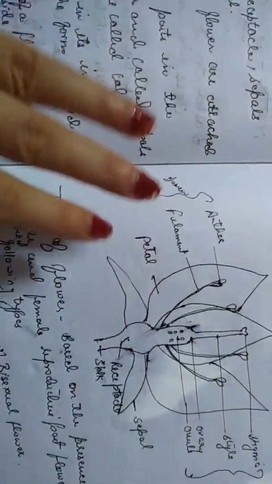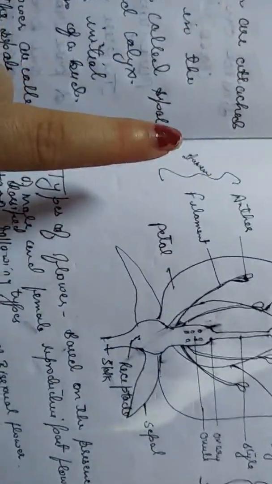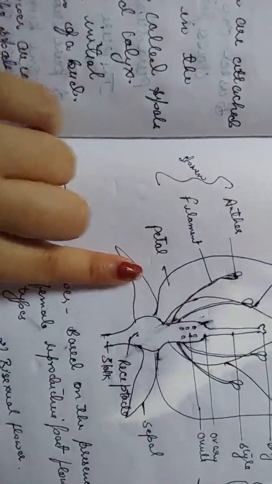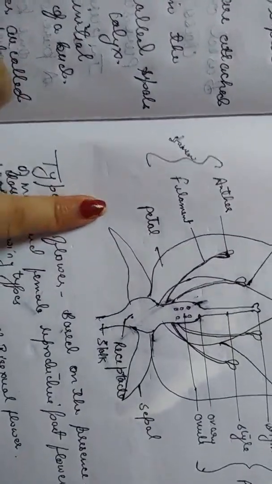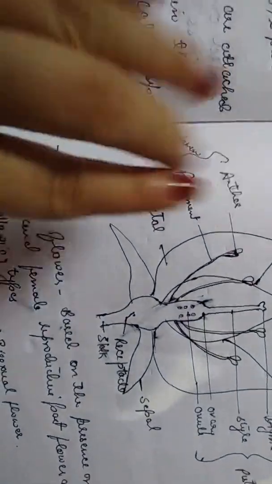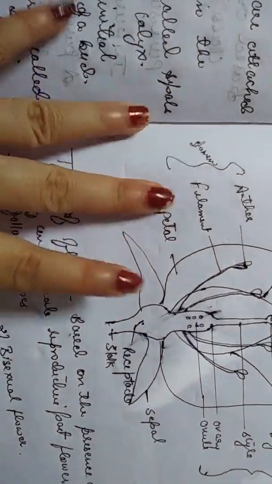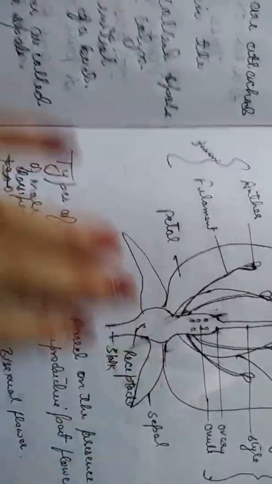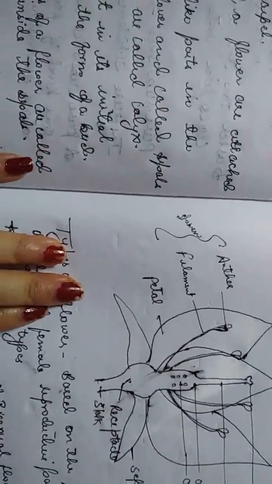Now the flower which contains only one sex organ, either stamen or carpel, means either male part or female part, that flower is known as unisexual flower.